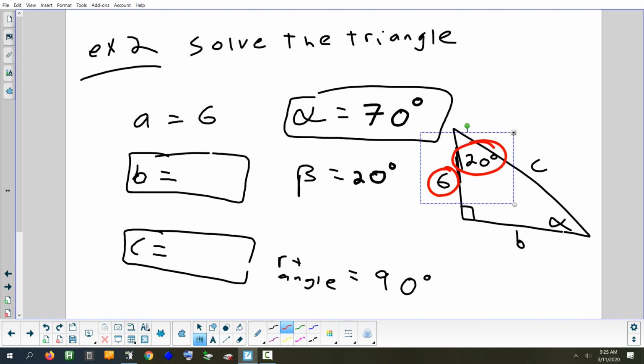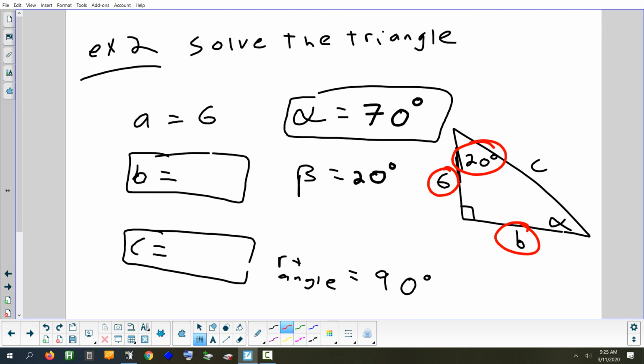Why am I using the 20 and not the 70? Because we found the 70, so what's wrong with stuff that we find? Could be wrong. All right, so that's the two things I'm going to be focused on using. Now I'm going to circle the thing that I want to try to find this time. Okay. I want to find B.